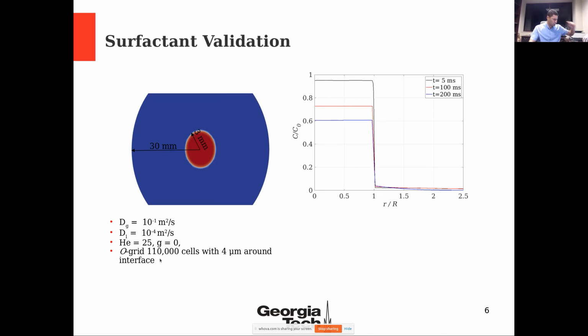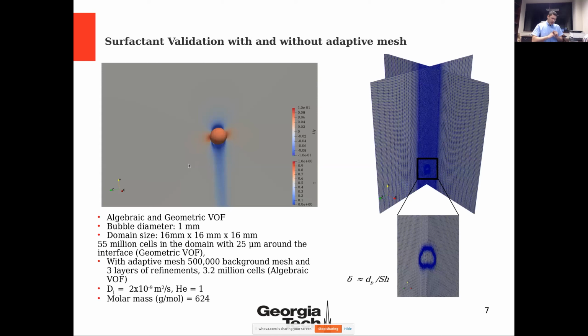I don't want to go through numerical details because there are lots of them. In general, the resolution at the interface should be fine enough. This is the real case. Right now, VOF is being solved.